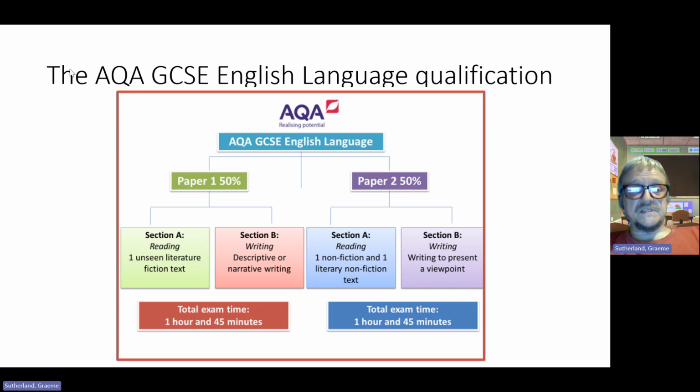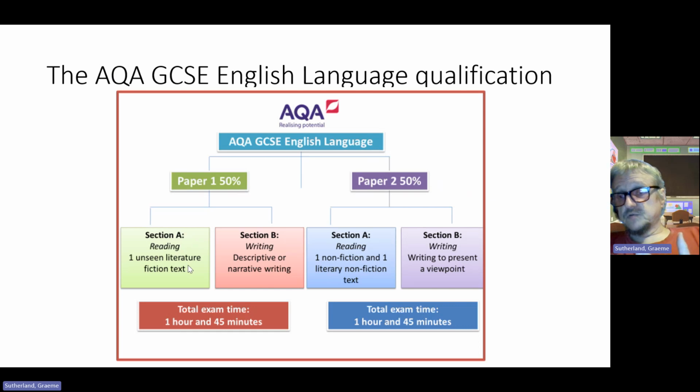So your exam board is AQA, and the English language examination consists of 2 papers, each of which are equally balanced, so 50% of the marks on both papers. They are divided, both of them, into reading and writing. So on paper 1, the reading is literature. It's about fiction.